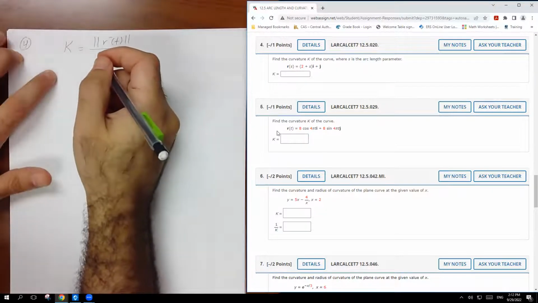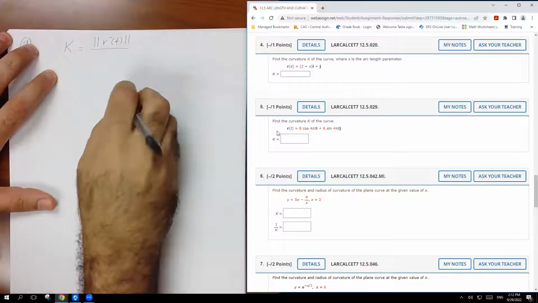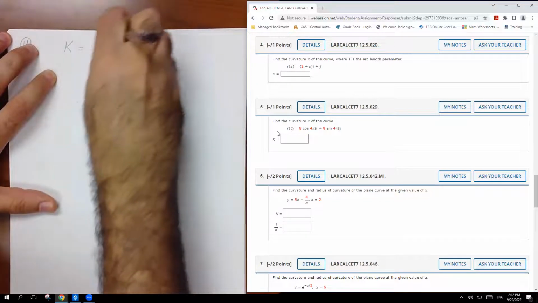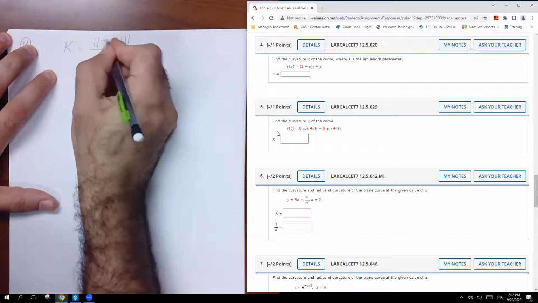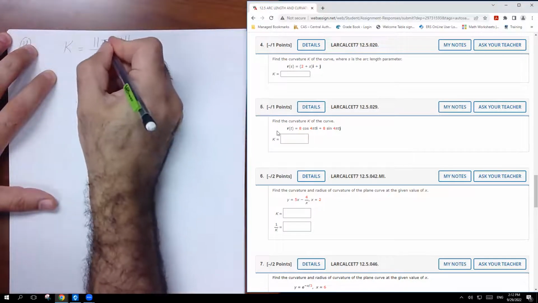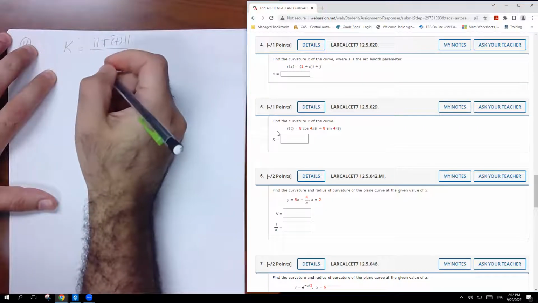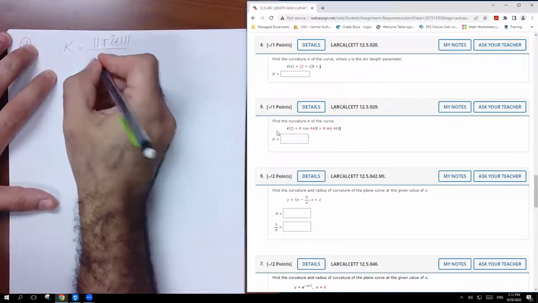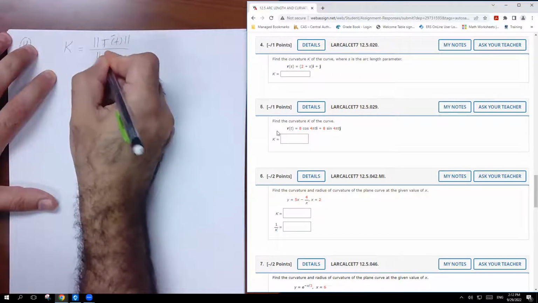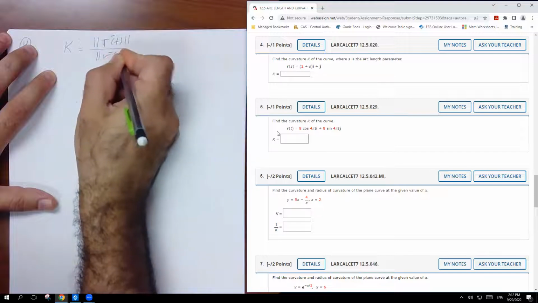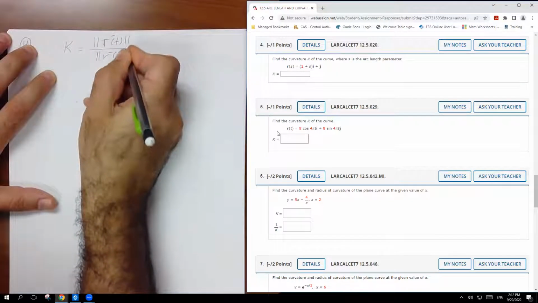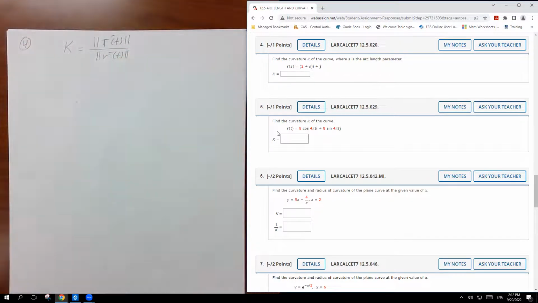Sorry, not the r prime, the T. So we have to find the T. T prime with respect to t over the length of r prime. So here's the curvature for the curve, where s is the arc length parameter. So we now have the parameter s.